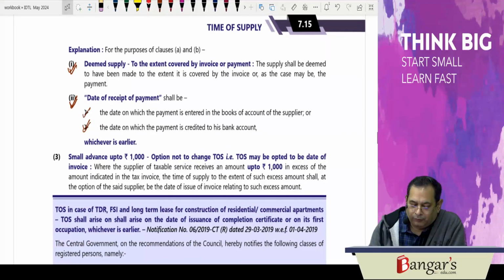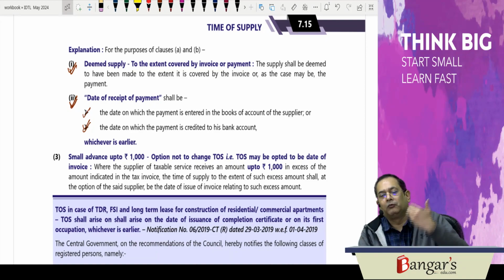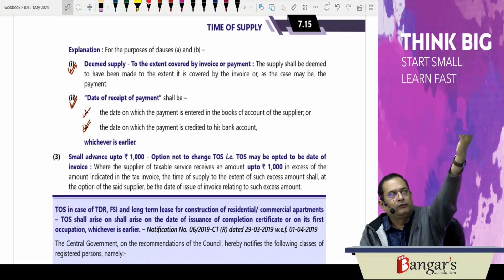Here they have further provided that if you receive small advances up to ₹1,000, you will not be required to pay GST at the time of receipt of advance. It will be required to be paid when you issue the invoice for such subsequent supply.